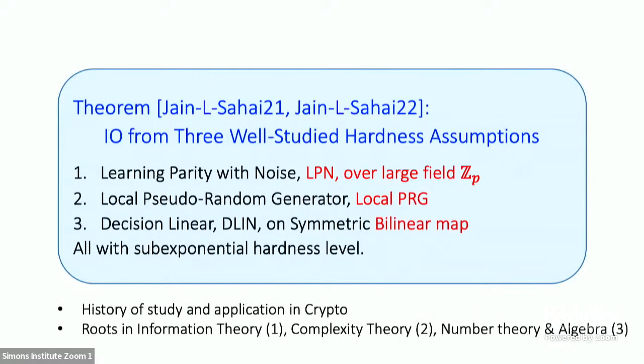But I just want to note for now that all these problems have had a history of study and application in cryptography, and they have each been studied in various different areas with their roots in information theory, complexity theory, number theory, and algebra.